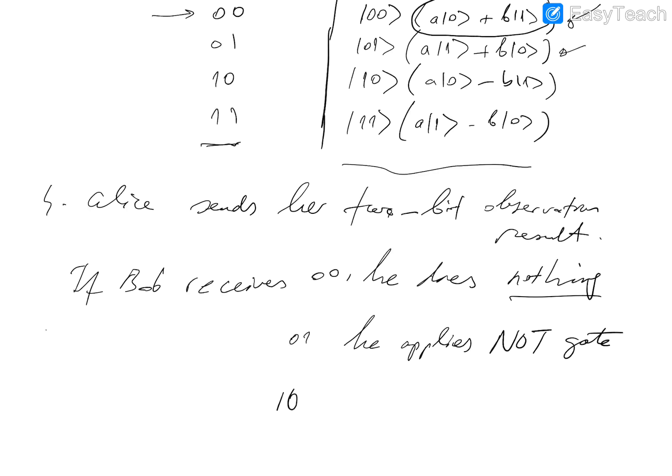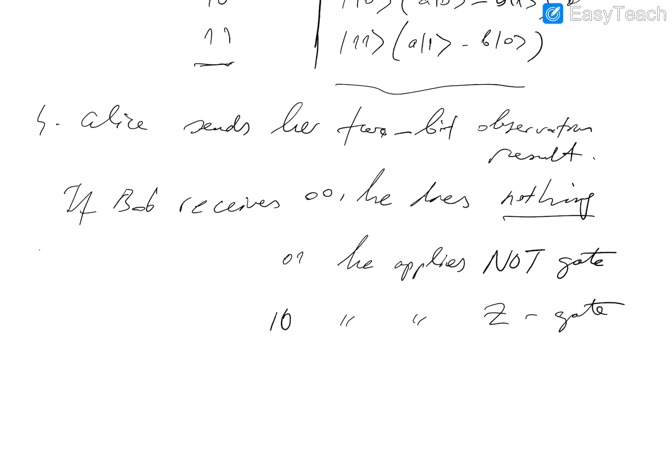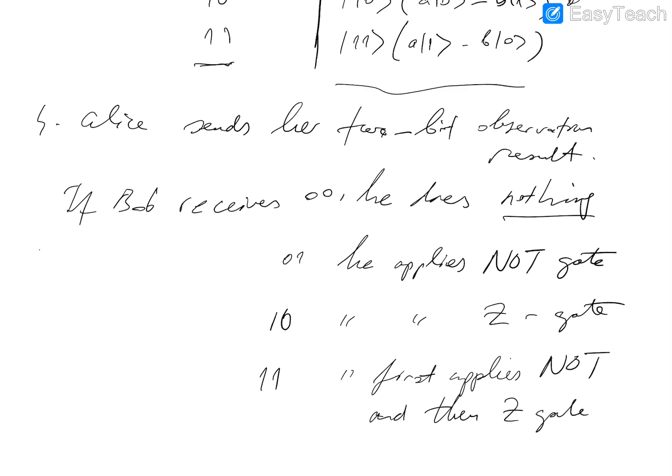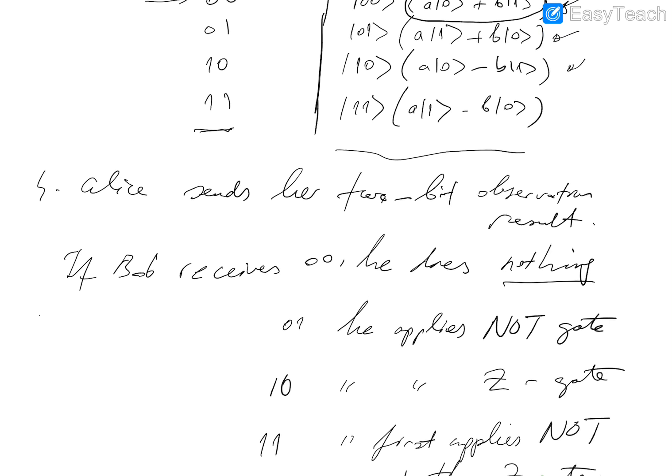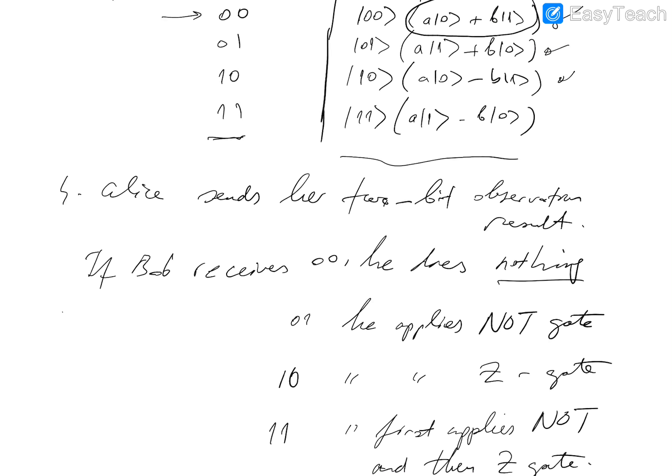If Bob receives 1, 0, then he performs the phase flip gate. He applies the Z gate. Right? We just have to change the sign in this case. And that's done by the Z gate. If Alice sends 1, 1, then Bob first applies NOT, and then Z. So you apply the NOT transformation, and then you apply the Z transformation. Okay.